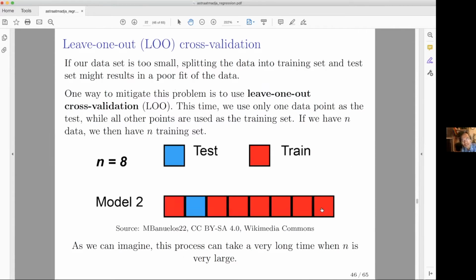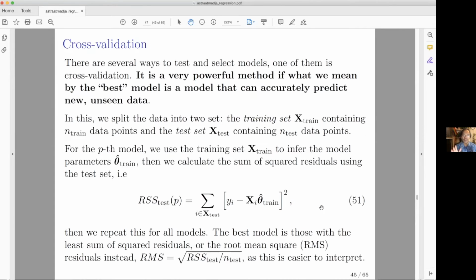Now there is also another approach, called leave one out cross validation. Before, we split the data into two blocks, the training set and the test set.